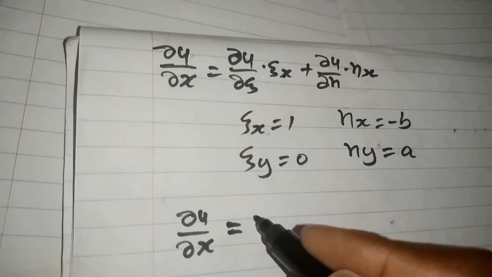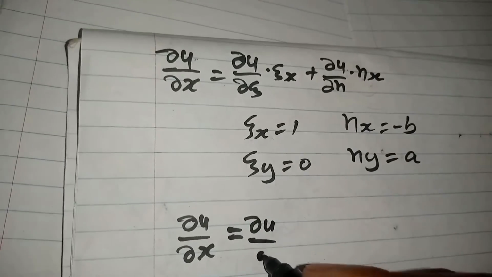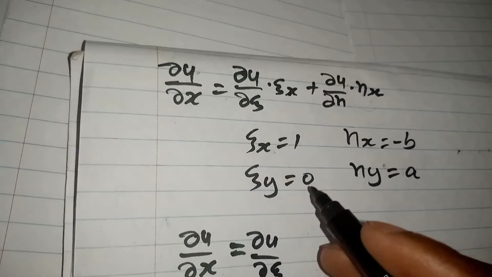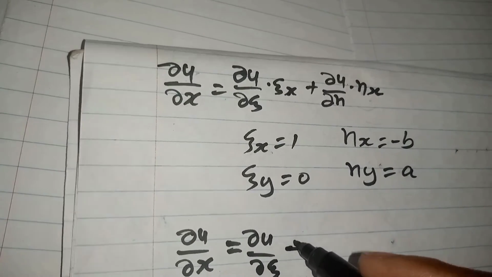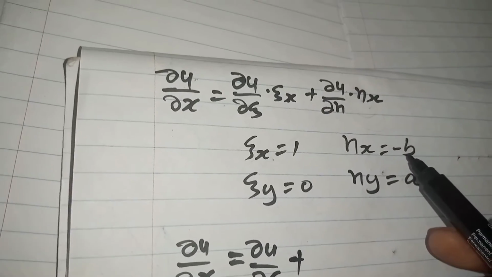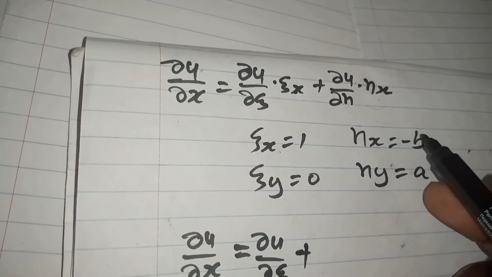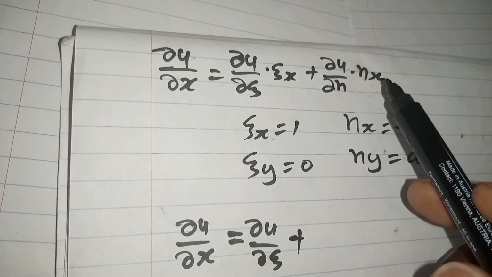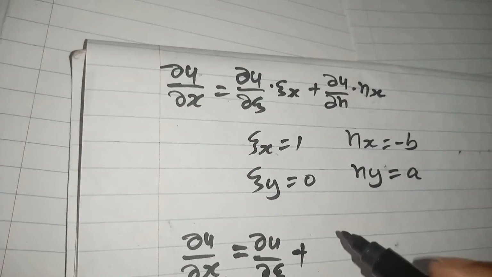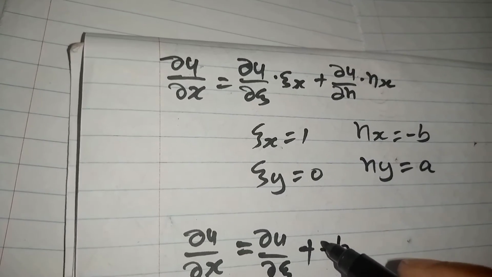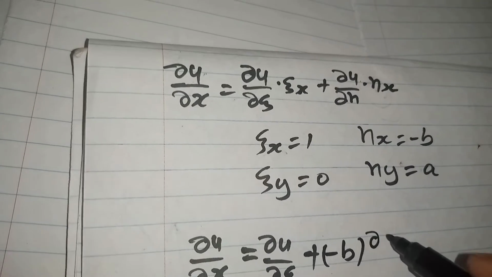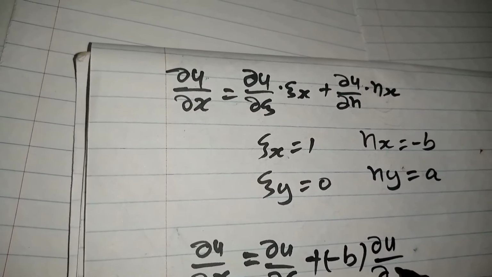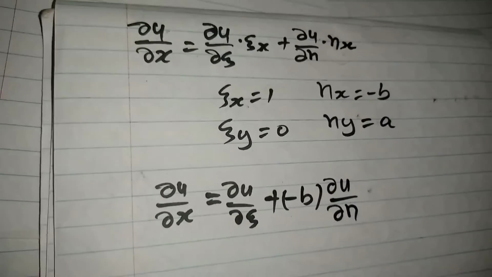will be equal to, when I substitute the value of xi x, it is just 1, so I will just multiply by 1, and therefore I will have the partial of u with respect to xi. Then plus, the value of nu x is negative b, so I will substitute negative b where there is nu x. It will be like this: negative b times the partial of u with respect to nu.